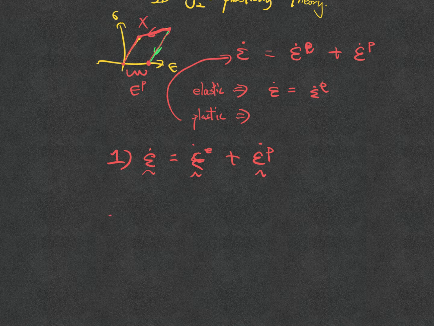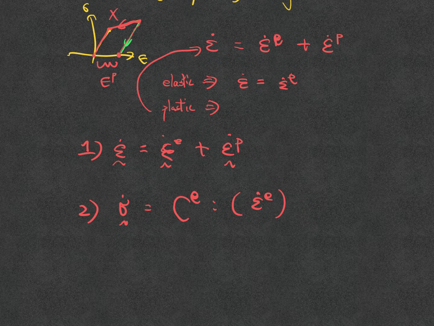Now, there's another theory coming from the partitions that is very important, and that is the stress change is equal to the elasticity tensor times the elastic strain, which is also equal to the total strain rate minus the plastic strain rate.